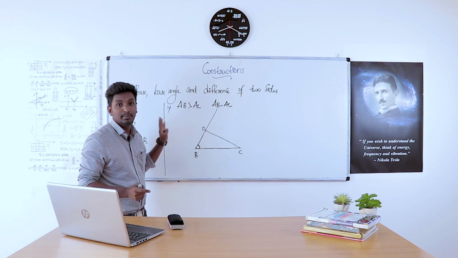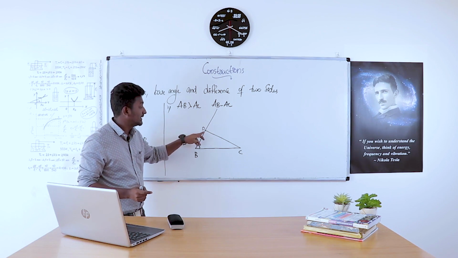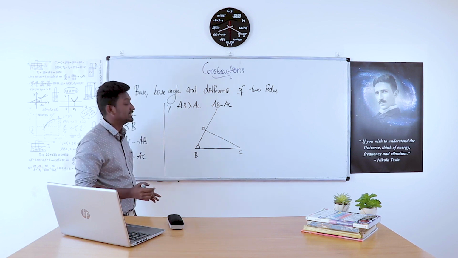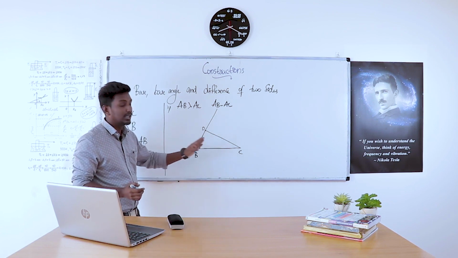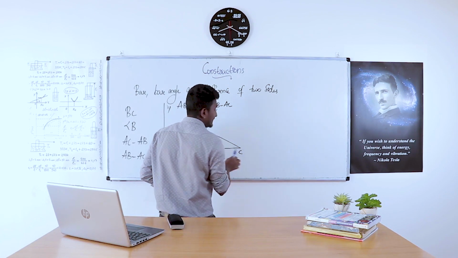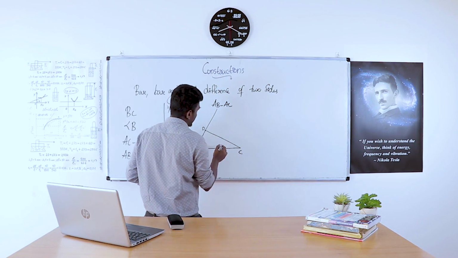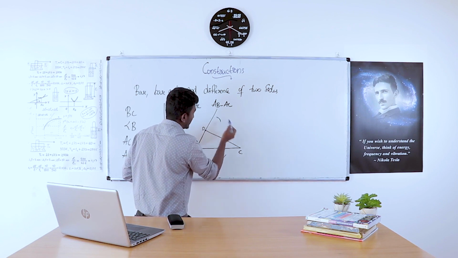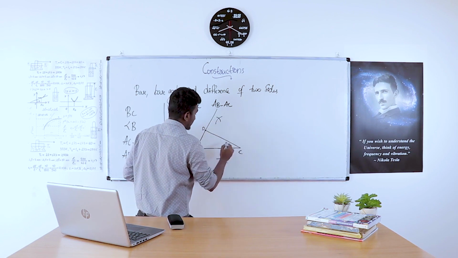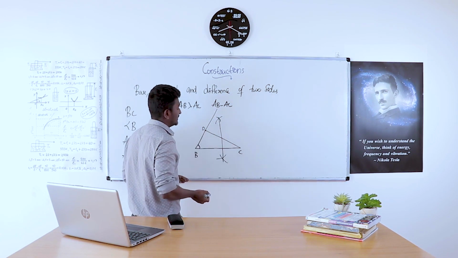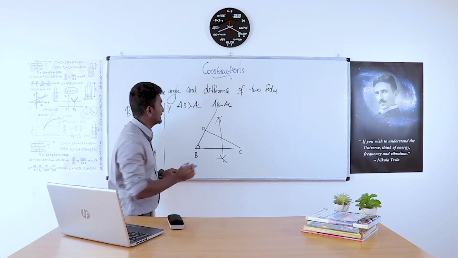Then from that point, join to C, the other end of the base. Now draw the perpendicular bisector of CD. Put the compass at one end and draw an arc, and do the same at the other end. Now join these two. That is the perpendicular bisector of CD.